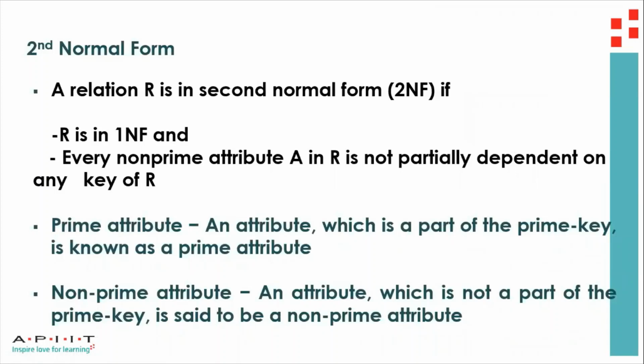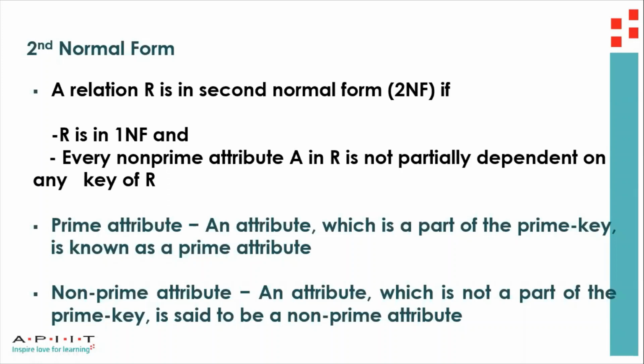If you have a relation in front of you, and in order to check whether this given relation is in second normal form, first it should satisfy the first normal form. These are steps. In order to move to the second normal form, first you need to satisfy the first normal form. That means you don't have any multi-value attributes, and all attribute domains are atomic. So that is for sure. Okay, first normal form done.